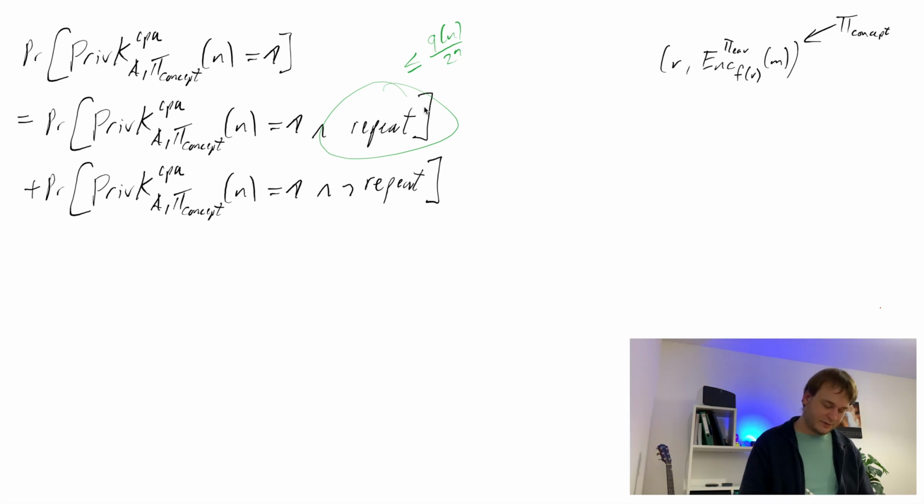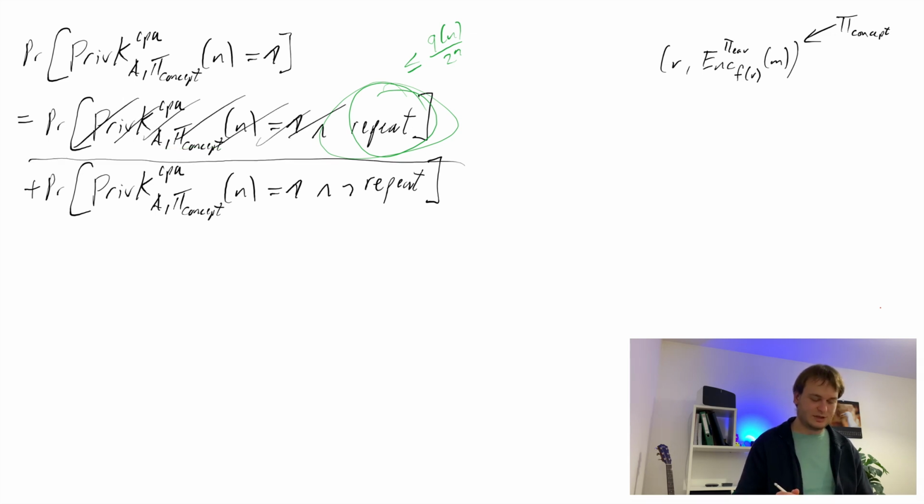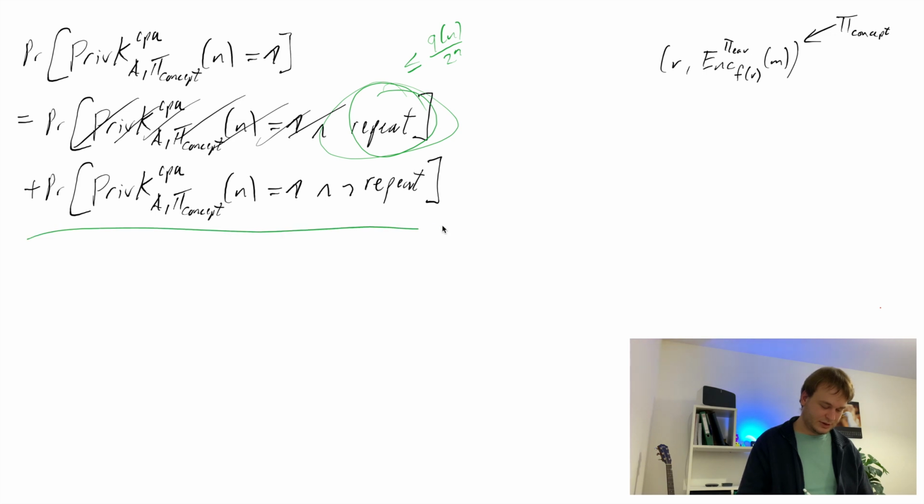So the probability for the repeat event itself is already pretty small, so we don't actually need to make it smaller by having this end part here, so we just remove it. And then this first part of the sum here is already negligible. The only thing that's left to show is what this probability down here is.